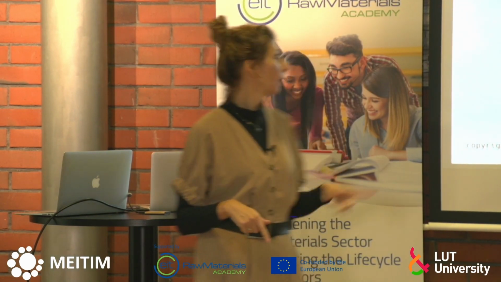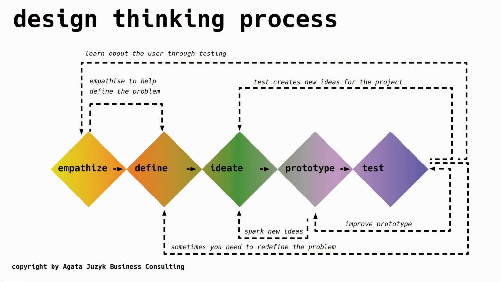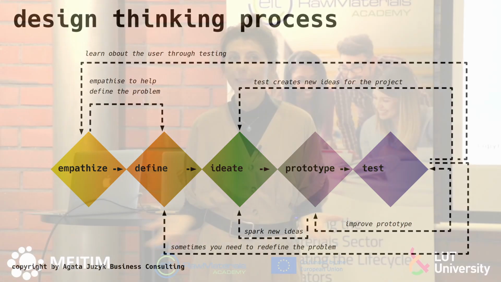The solutions are in the third phase, which is called ideation, and this is the phase working in groups, preferably multidisciplinary groups, so that we have different people, different approaches, different ages, different backgrounds, different values, and we try to generate as many ideas as we can.